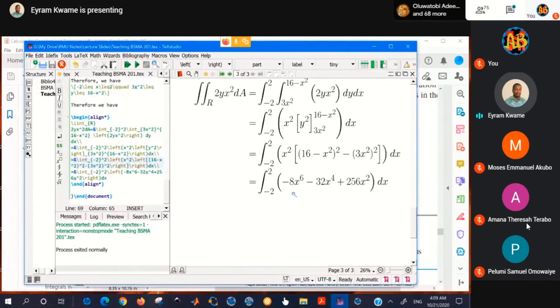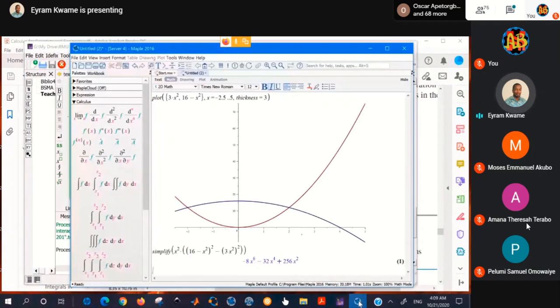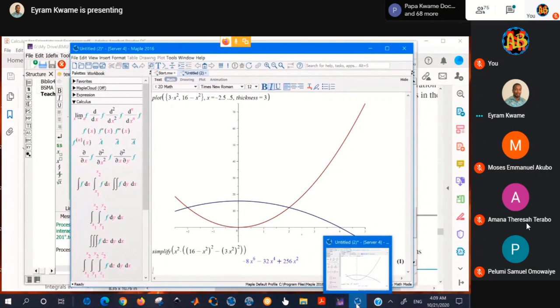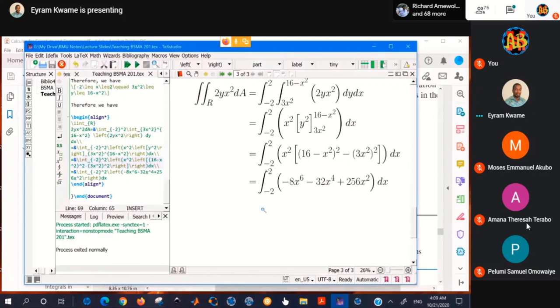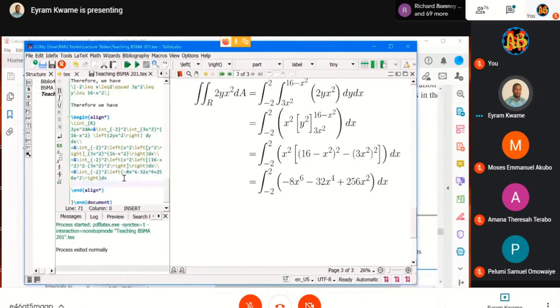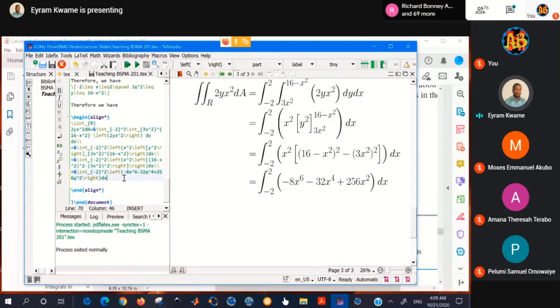That is it. Minus 8x6 minus 32x4 and then this. Are those not the figures we got? I think those are the figures. Minus 8x6 minus 32x4 plus 256x squared. Perfect. So now I have to integrate this from -2 to this, and then my final result will become what? So you end this, and then you have is equal to this.